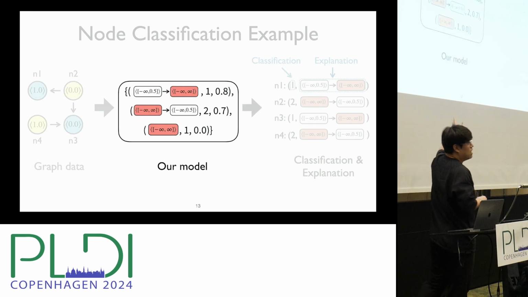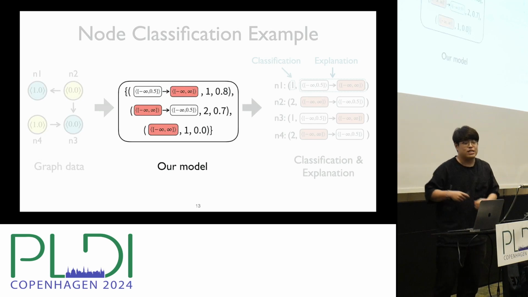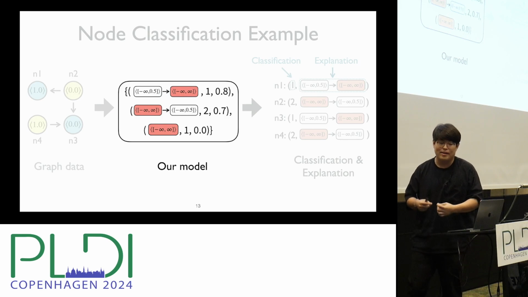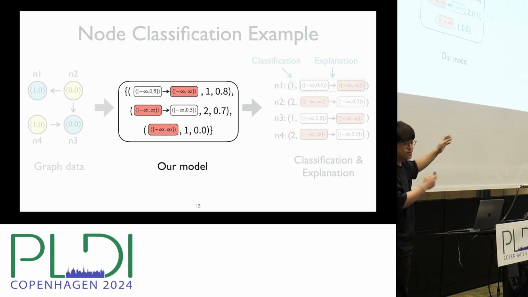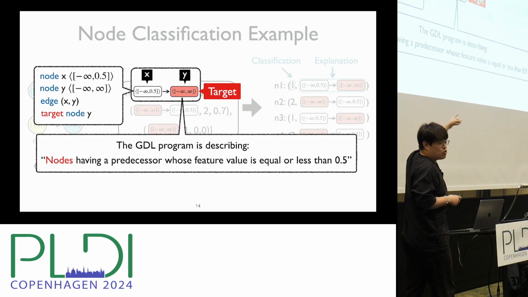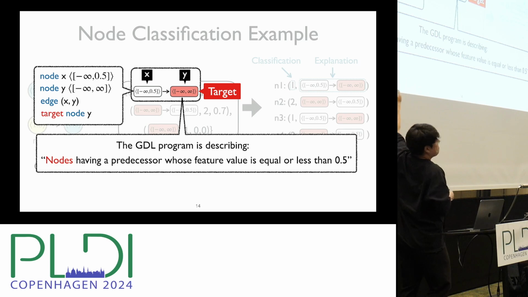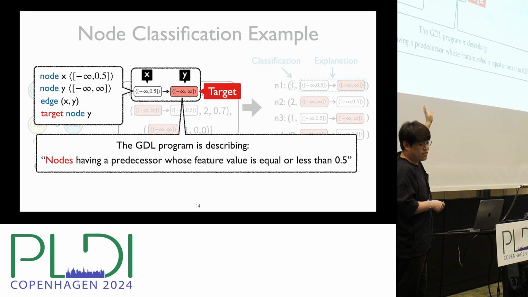And this shows an example node classification model implemented with our programming language. It consists of 3 triples. In the first triple, this is a graphical representation of a program in our language. In our language, a program can have node and edge variables. Each variable can have feature value constraints described by a vector of intervals.